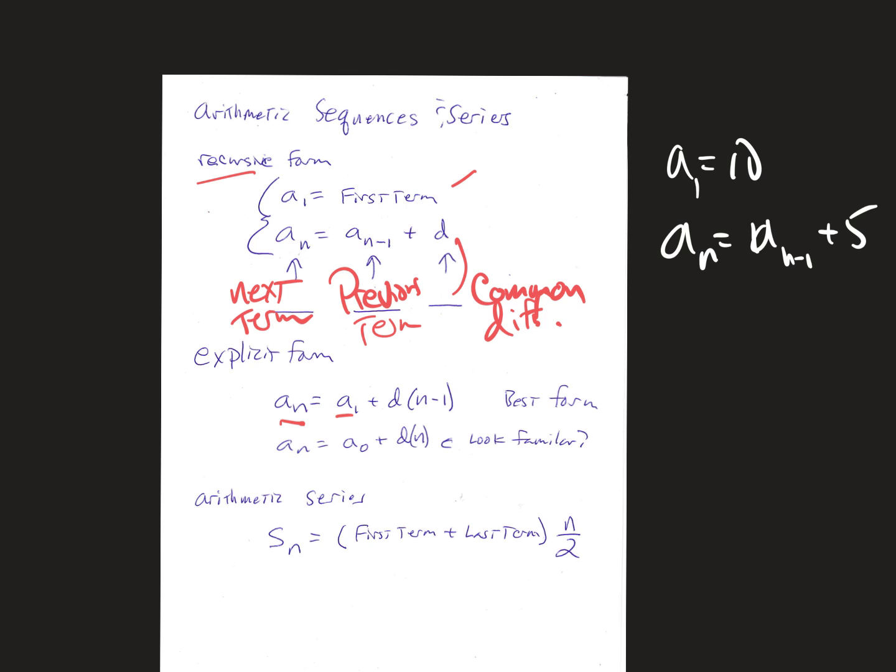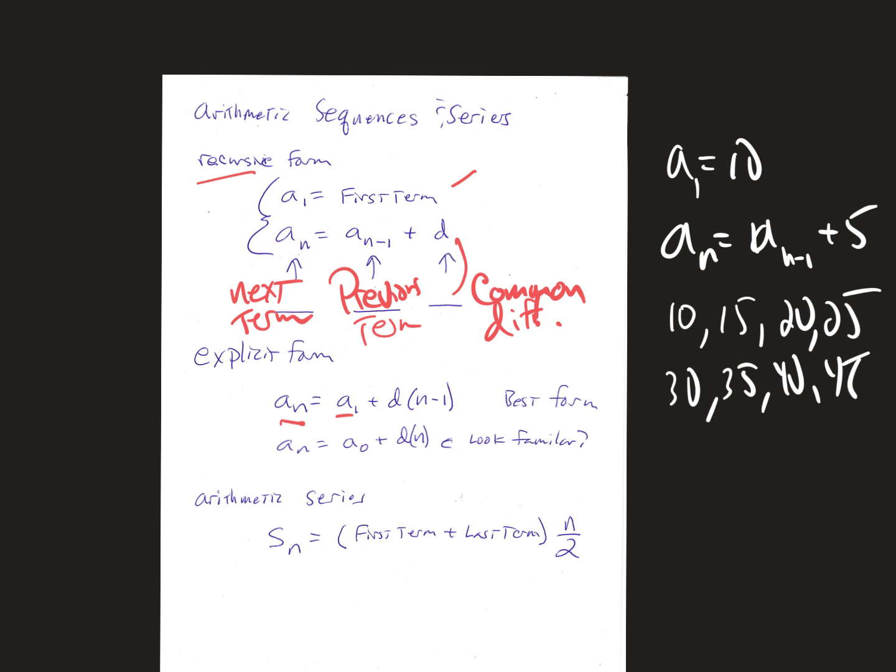If I wanted to find, say, the 8th term, I'd have to go with 10 and get 15, then 20, 25, 30, 35, 40, and then 45. So that would be the 8th term. So a sub 8 would be 45.